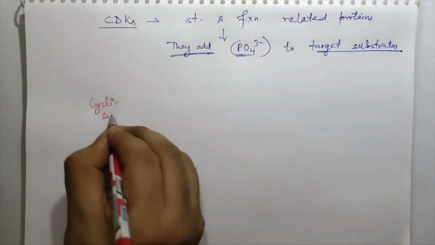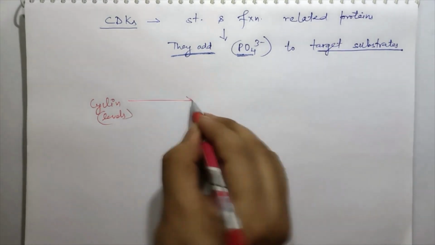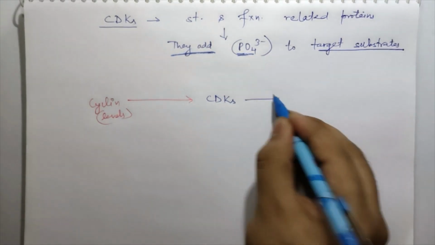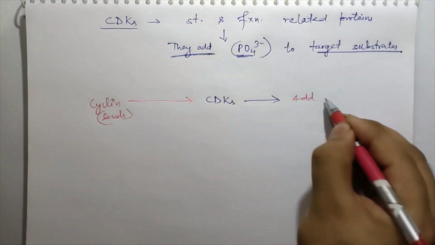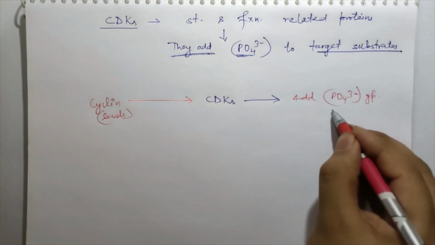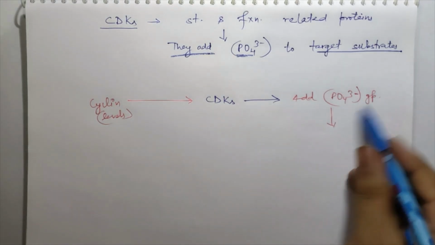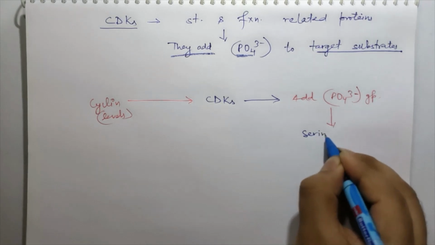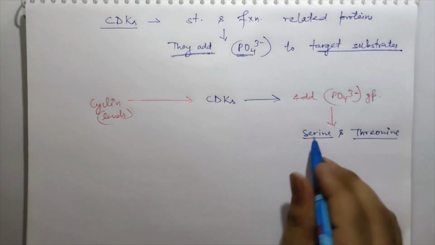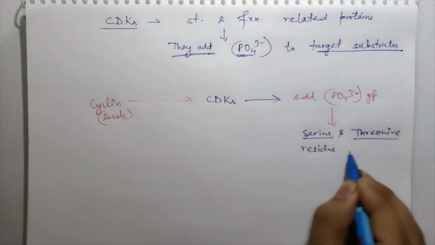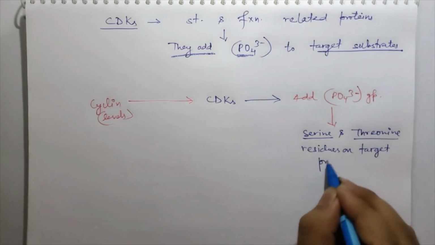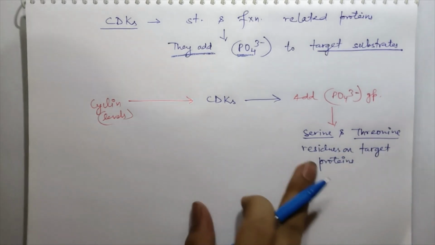So cyclin levels regulate CDKs, and these CDKs add PO4, that is phosphate group, to serine and threonine residues on target substrates or proteins. So this is important to note down.